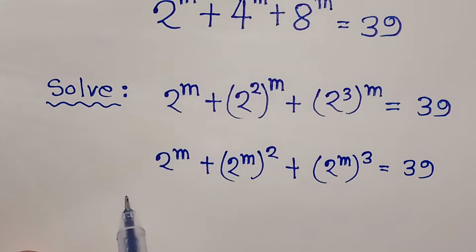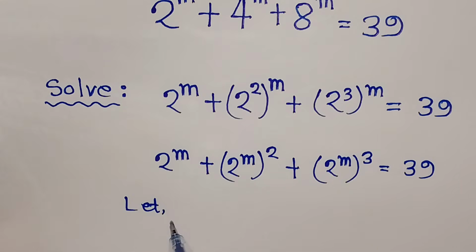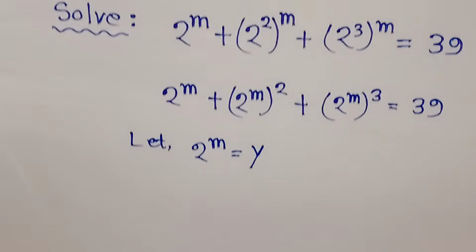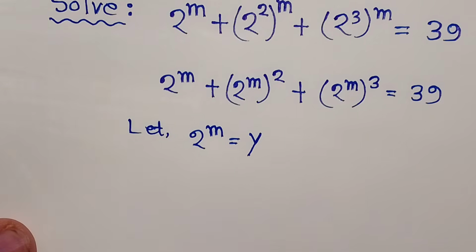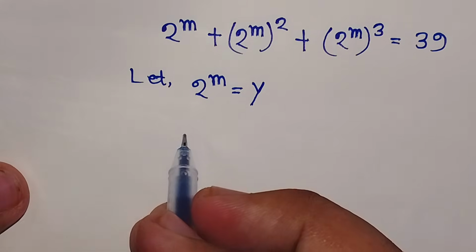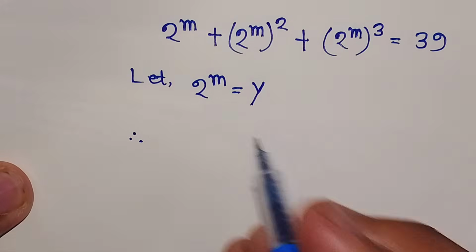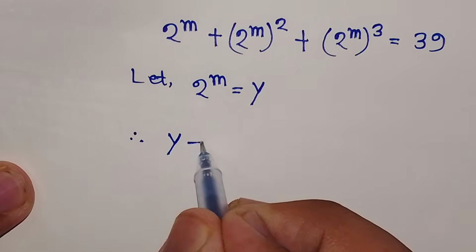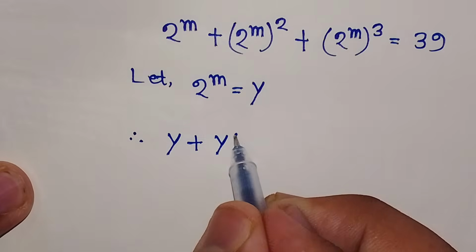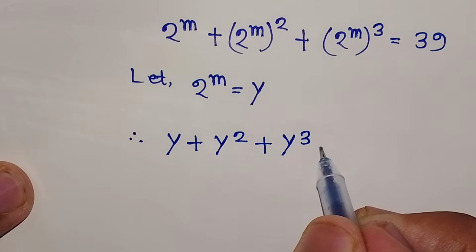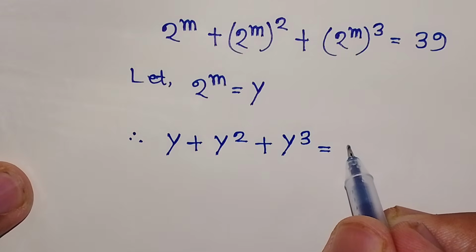After that, we take 2 to the power m as equal to y. Then the formula will be much easier to apply here. Now take a look in here. We can write this exponential equation as y plus y squared plus y cubed is equal to 39.